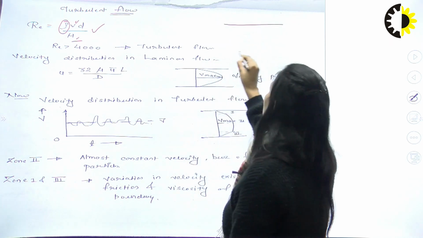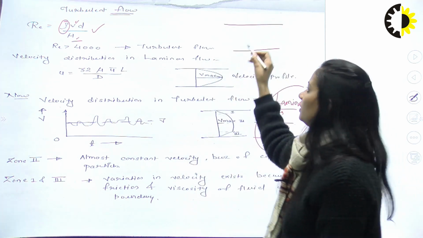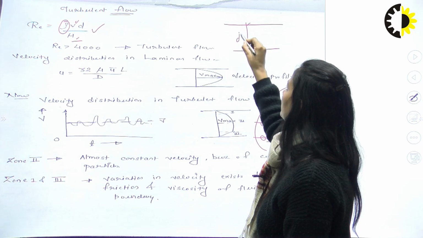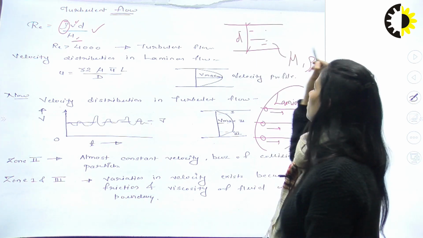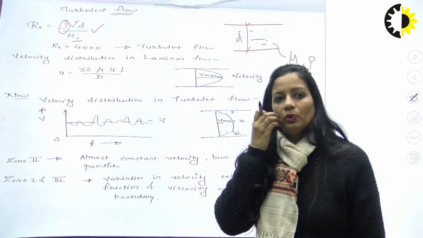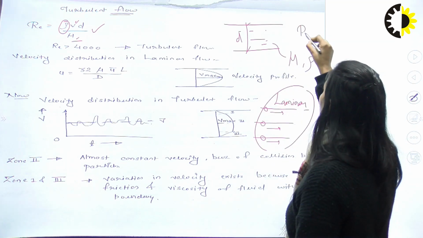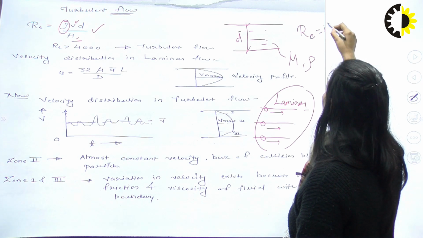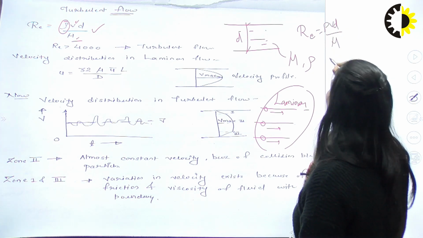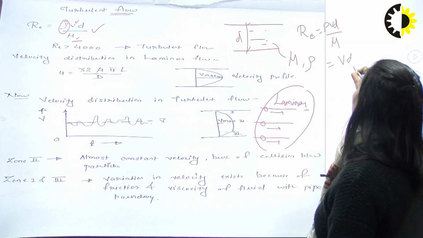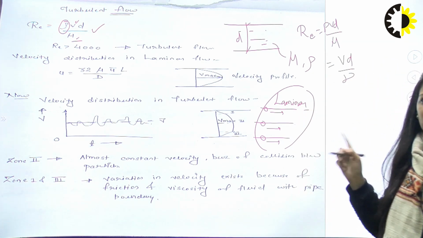Let us suppose this is your pipe with diameter d, and the fluid flowing has viscosity mu and density rho. The equation for the Reynolds number is rho V d by mu, or you can write it as V d by kinematic viscosity.